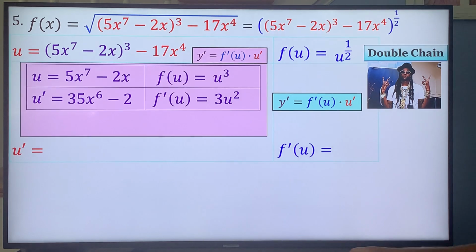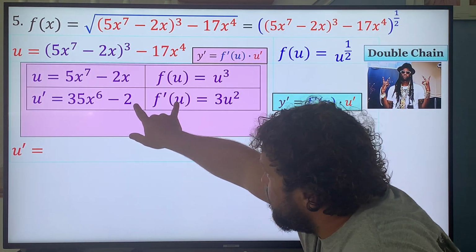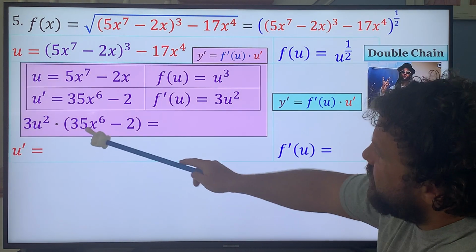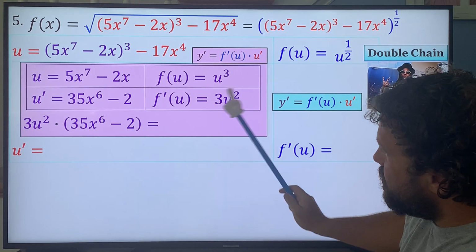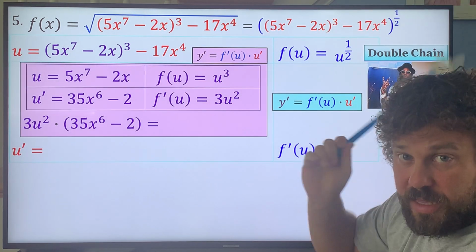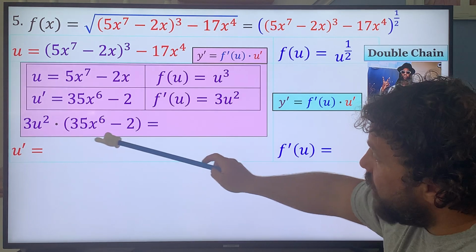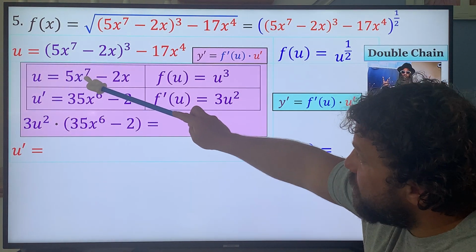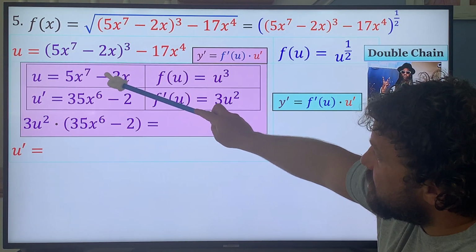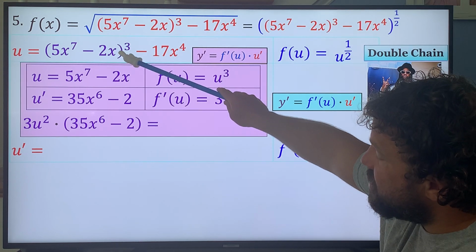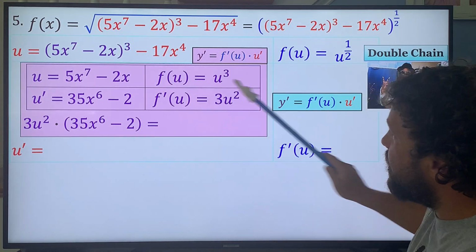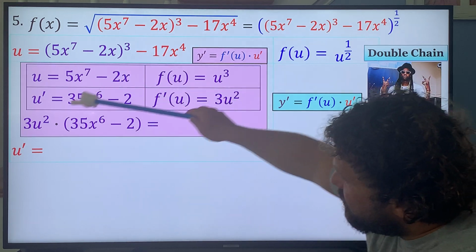Okay, so keep following. Multiply these two. 3u squared times 35x to the 6th minus 2, right? Now, here is the key that you don't want to make the mistake. When you plug your u back in, you're plugging in the u from the section that we're doing. We're just treating this as its own problem, so you forget everything else as we do this problem. So we're going to plug this in for u.